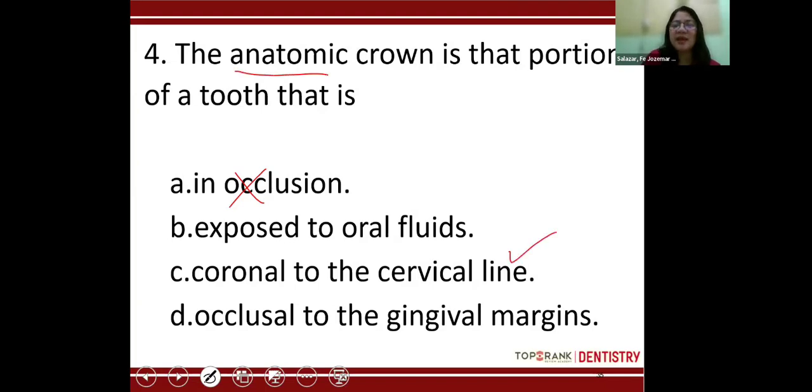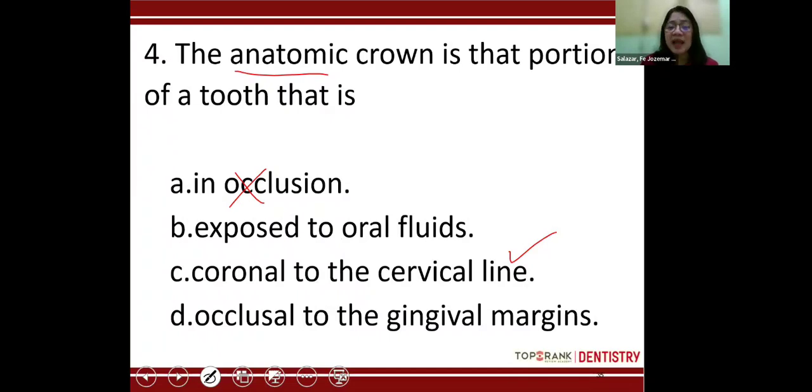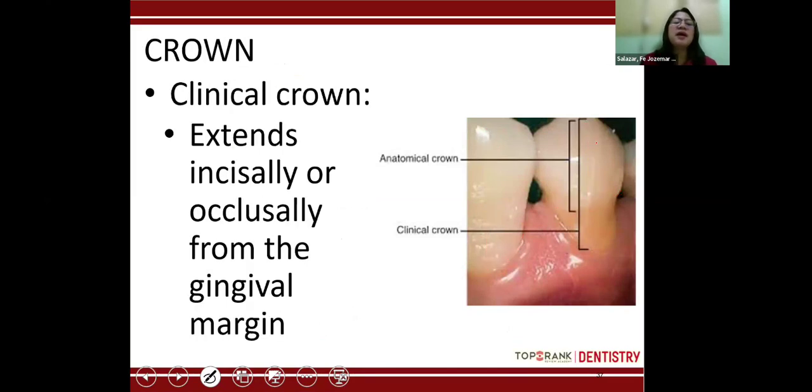Anatomic, yes, it's coronal to the cervical line. Kapag occlusal to the gingival margin, this is your clinical crown. Tama? Okay. So anatomic crown, again, extends from the CEJ up to the incisal or occlusal surface. So enamel only.